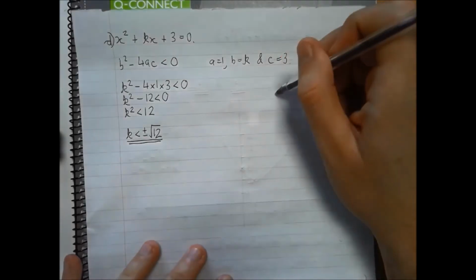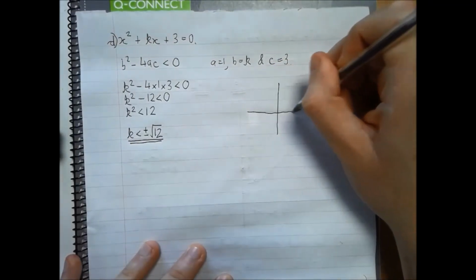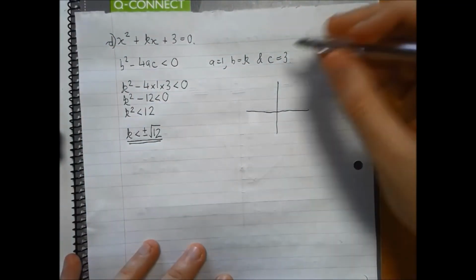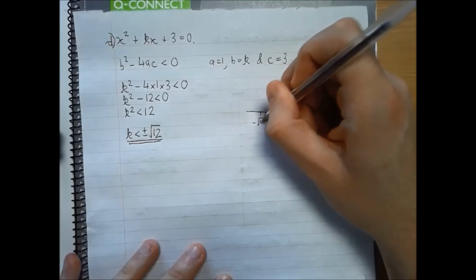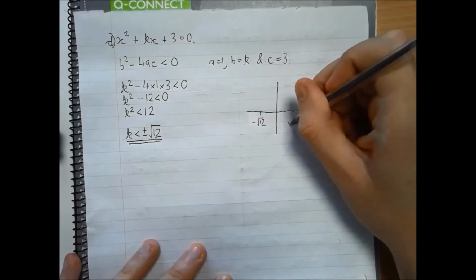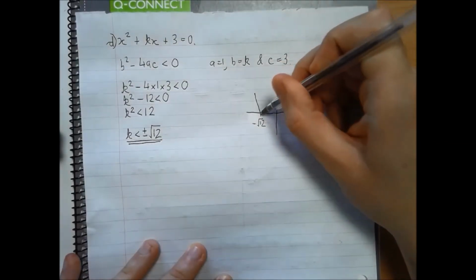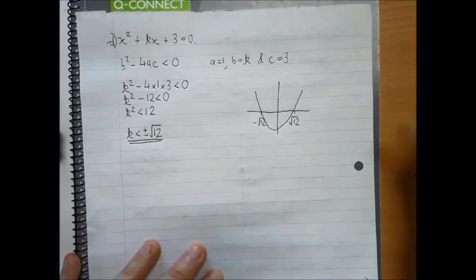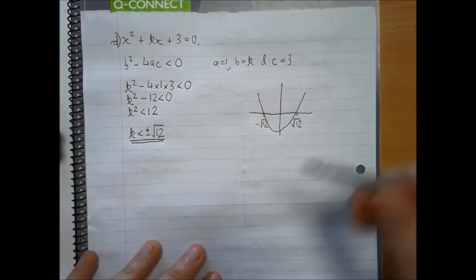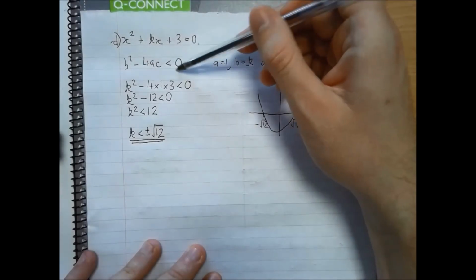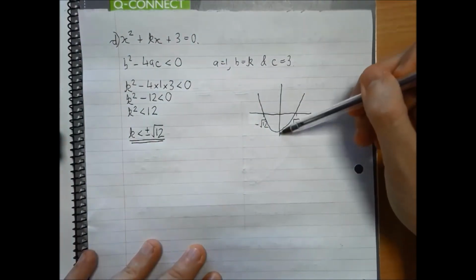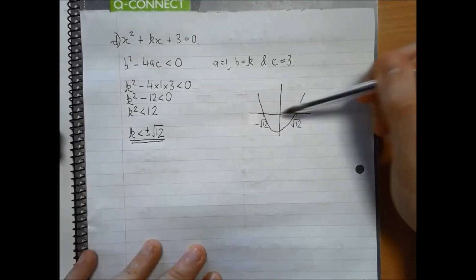So if you imagine just a quick sketch just to get you to visualise it really. You've got minus root 12 around here, and you've got positive root 12 up there. Your quadratic is going to be something like that. Doesn't really matter. Just a visualisation, really. Now, because you know it's less than 0, you know you're looking from 0 downwards.